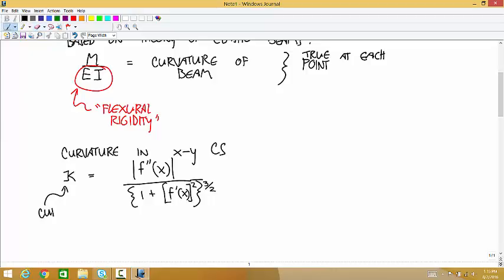So this kappa is the curvature. And obviously this is a term we would prefer not to deal with. It doesn't take much looking at it to recognize that's a pretty complicated expression.